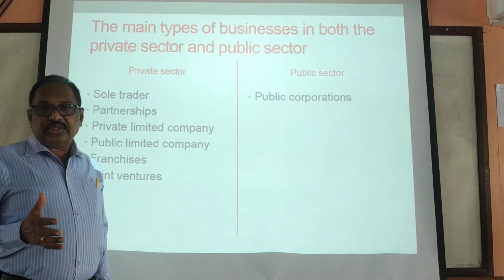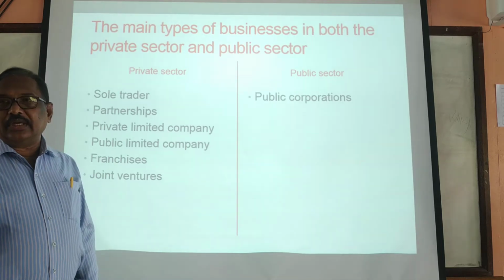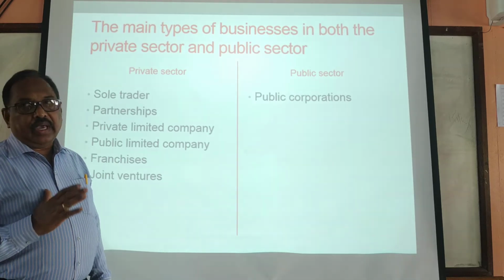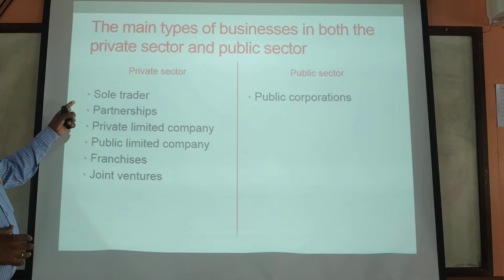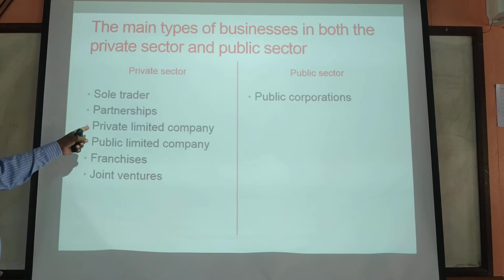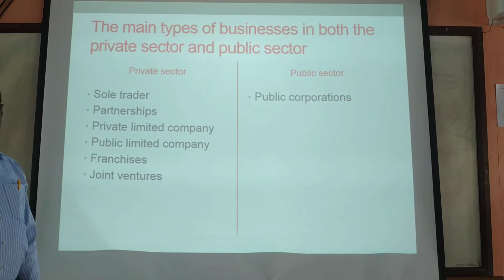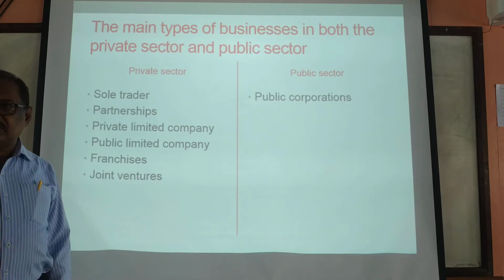Private sector means the sector which is owned and run by private individuals. And these are the businesses which are run and owned by private individuals. There are sole trader, partnerships, private limited, public limited company, franchises, joint ventures. These are the 6 types of private sector businesses.